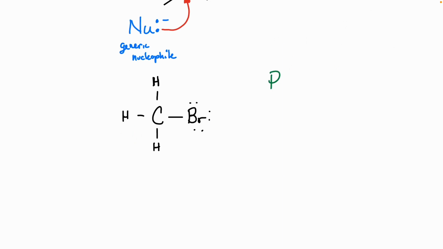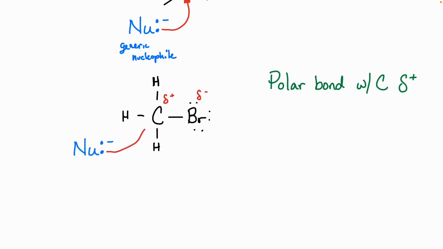So first of all, again, we have a polar bond where carbon has a partial positive charge. Right? Bromine has a partial negative charge. Carbon has a partial positive charge. So step one, it's relatively electron deficient. Okay, if we take that same generic nucleophile and we have it attack that electrophilic carbon, again, I can't stop there. I got too many bonds for my carbon.